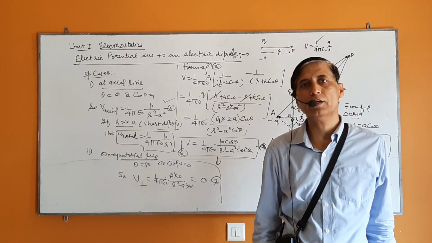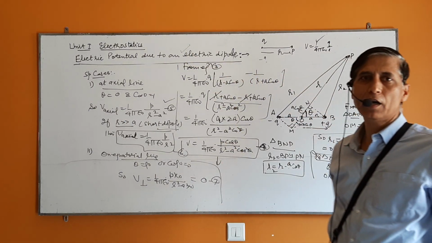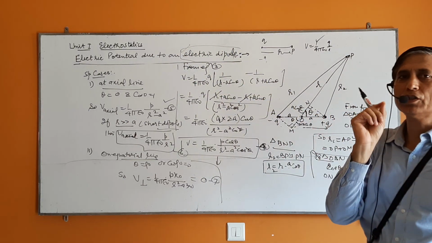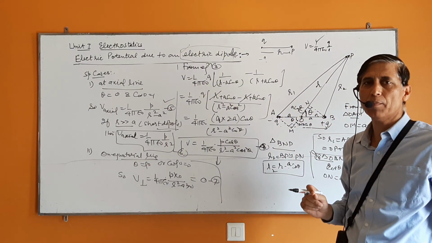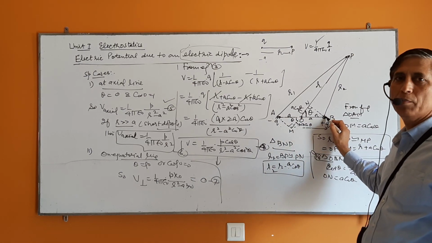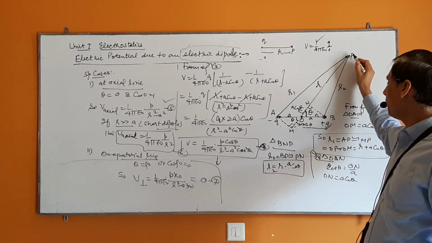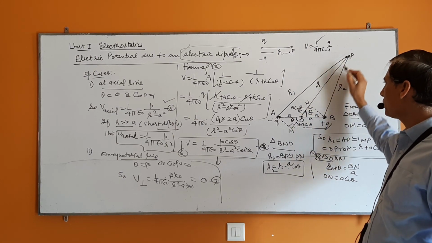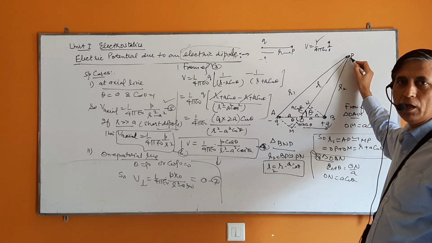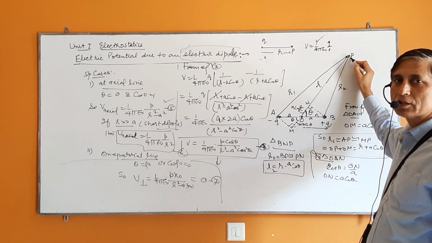Again I am going to revise it. What is our objective? We want to find electric potential due to an electric dipole. What is an electric dipole? It is an arrangement of two equal and opposite charges separated by a small distance apart. So we will consider an electric dipole AB of length 2a and a general point P such that OP makes angle theta. And now we have to calculate potential at point P. We have the formula for potential due to a single point charge.